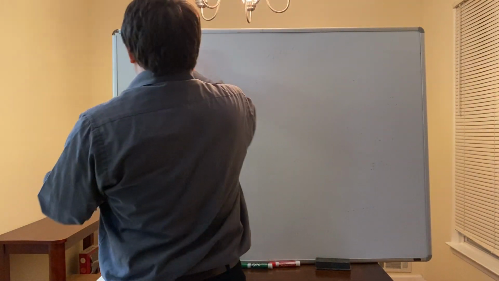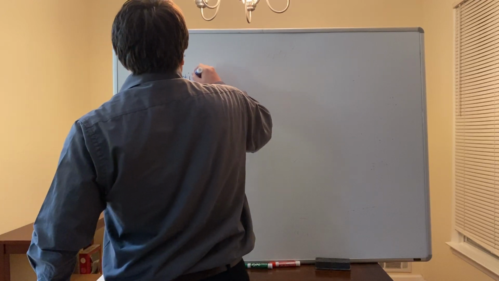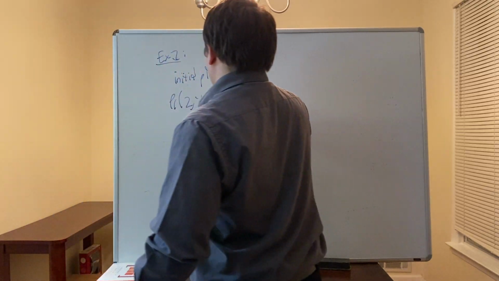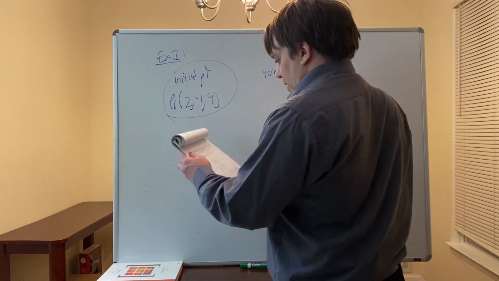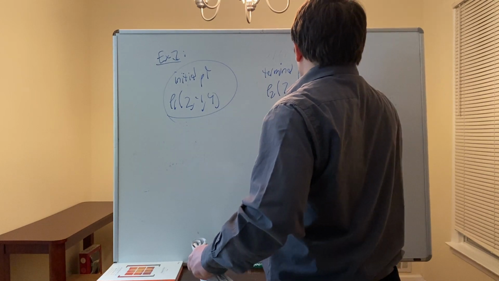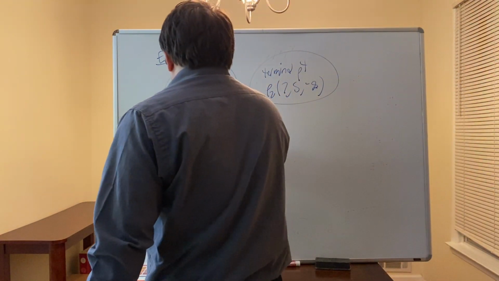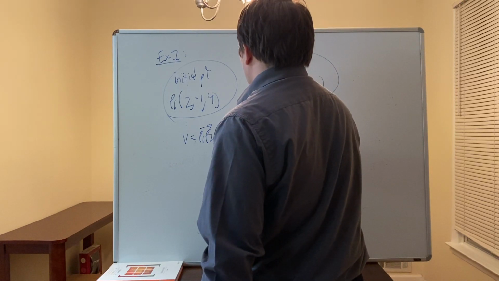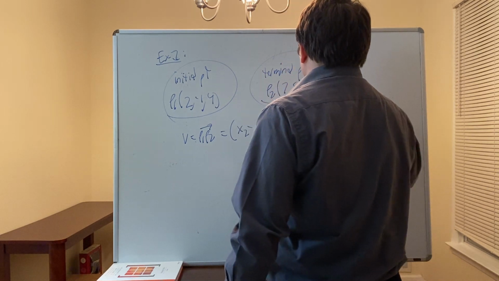So let's look at an example. Example 1. If our initial point is P1, which is 2, negative 1, 4, and our terminal point is P2 at 7, 5, negative 8, then our vector V, which is P1, P2, is just going to be, our formula says, x2 minus x1, comma, y2 minus y1, comma, z2 minus z1.